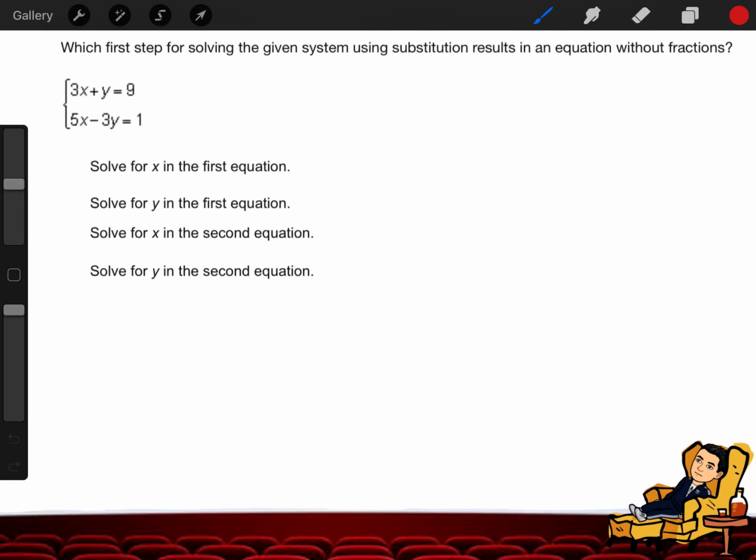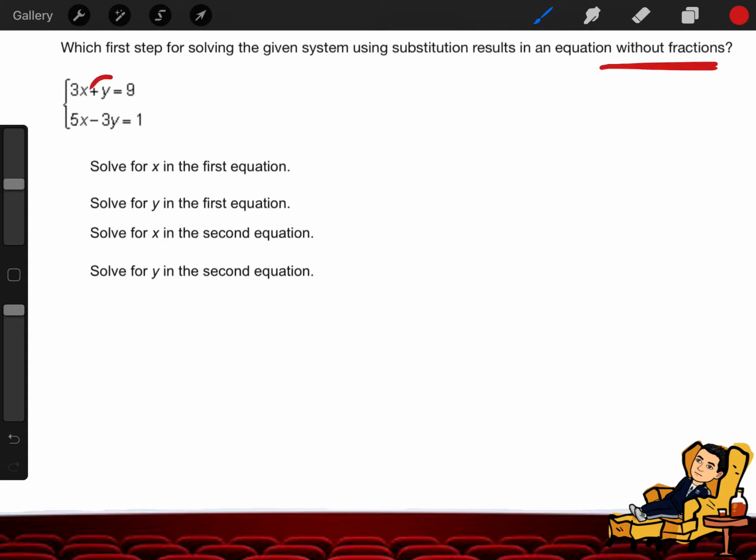Now let's go over to the next one. What is the first step to solve for the substitution? It's kind of hard to say which one is the first step. The one that you want to use is the one to avoid fractions. I didn't read the whole thing, sorry about that. You don't want any fractions in there.